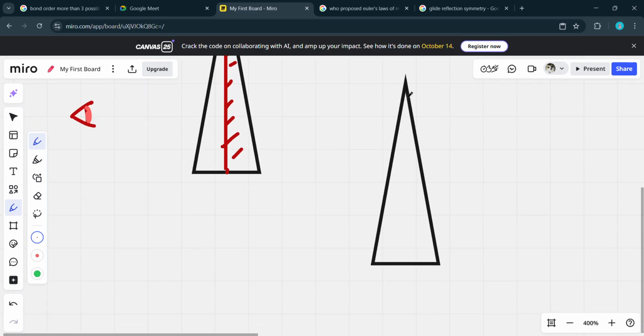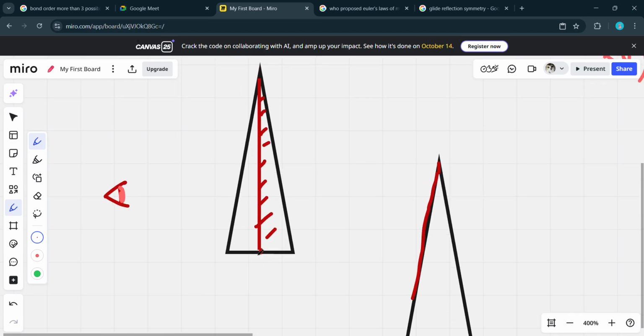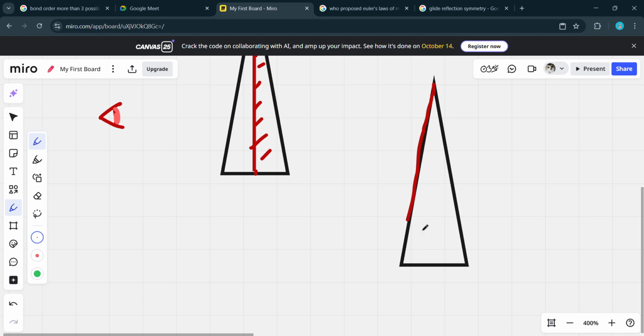What will you see? You will see this figure. If you have doubt, cut out an equilateral triangle or isosceles triangle, place the mirror here, and you will get this result.